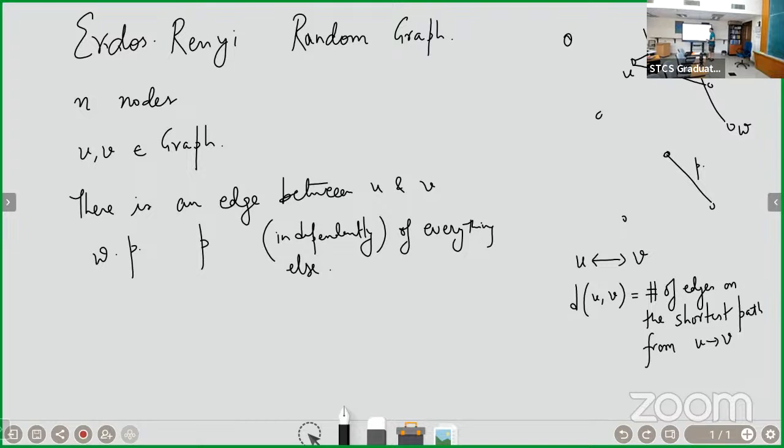Now, across the whole graph, the diameter is defined to be D, the max over U comma V of little d of U comma V. This is called the diameter.